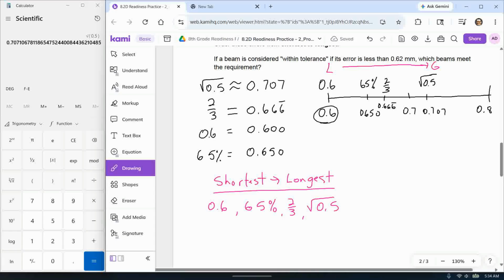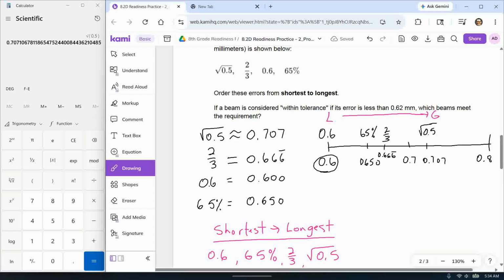Now let's look at this second question. A beam is considered within tolerance if its error is less than 0.62. Okay, where is 0.62? Well, 0.62 is going to be right here, maybe. So which beams are within tolerance?